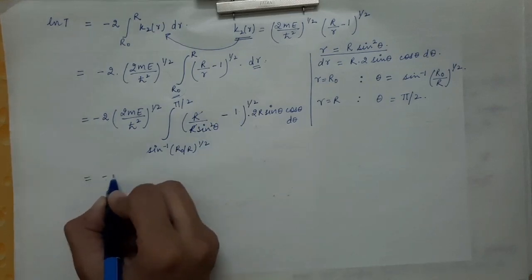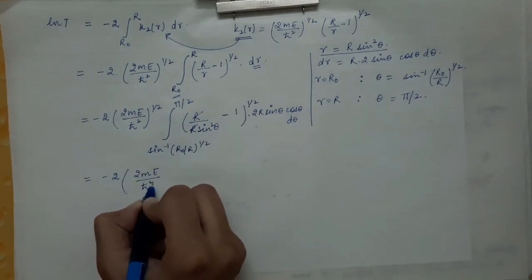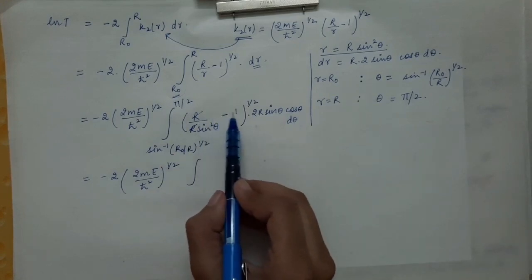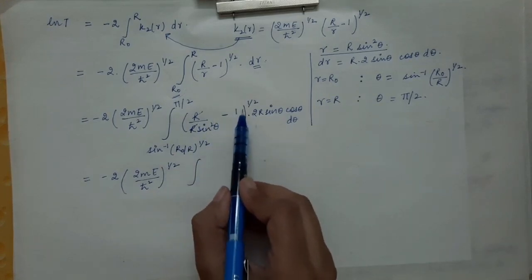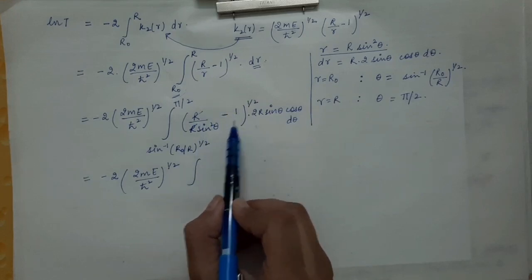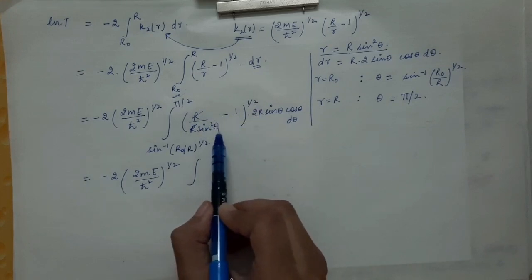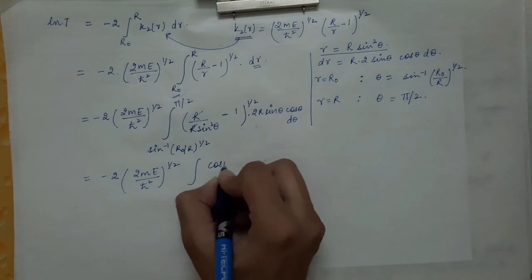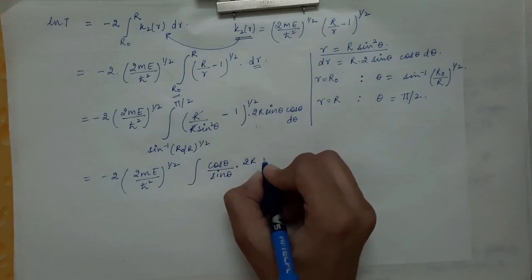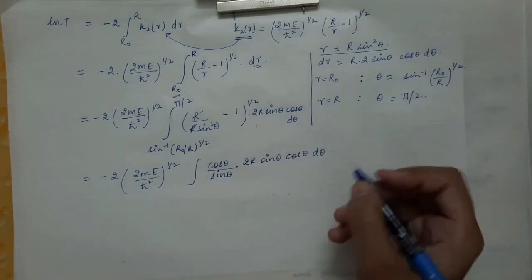So on simplifying, you will get minus 2 into 2me divided by h cut square, power 1 by 2, integral of cos square theta by sine square theta, with power 1 by 2 outside. So you will get cos theta over sine theta, into 2R sine theta into cos theta into d theta.